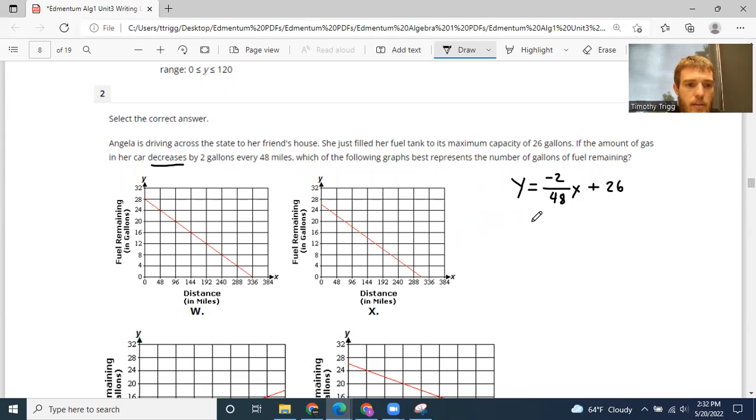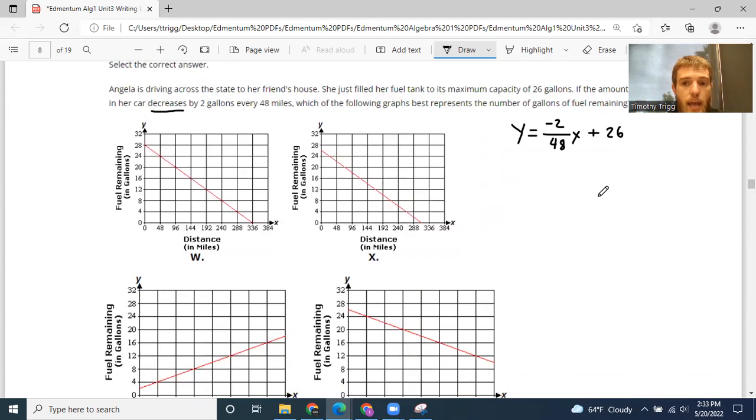So which of these has a y-intercept of 26 and a slope of -2 over 48? Well, you could actually reduce this slope a bit too, right? This is actually -1 over 24 if I divide by 2, reducing my fraction. So for every time I go down 1, I need to go over 24.